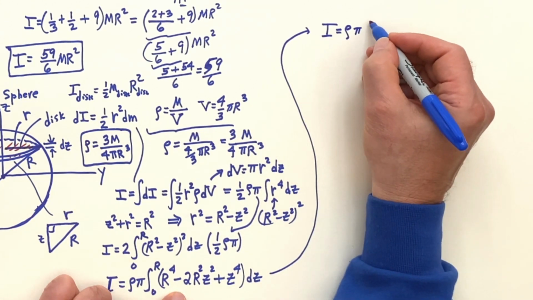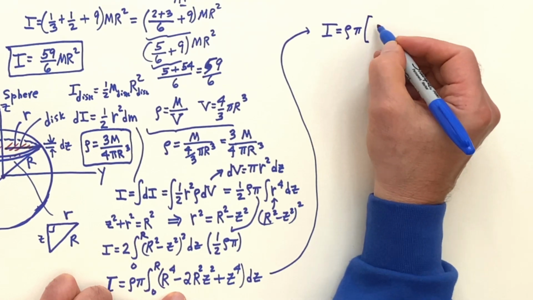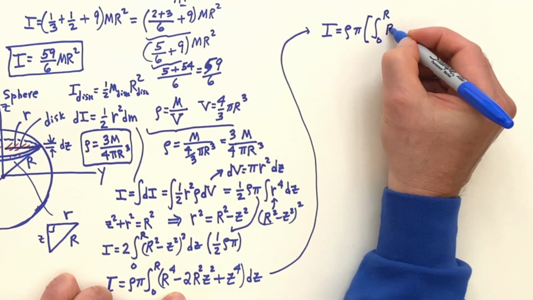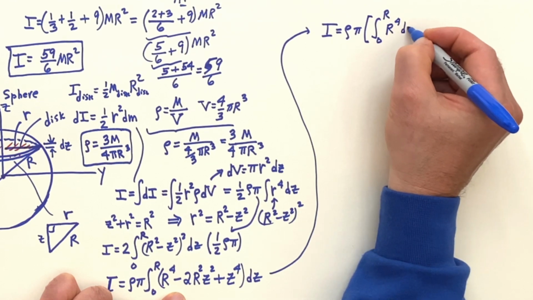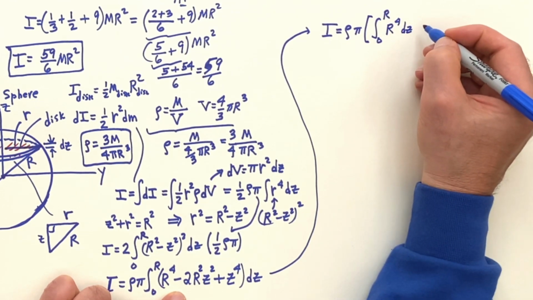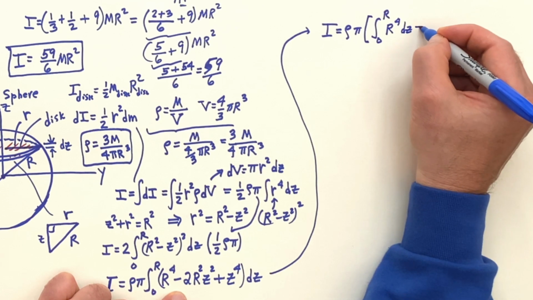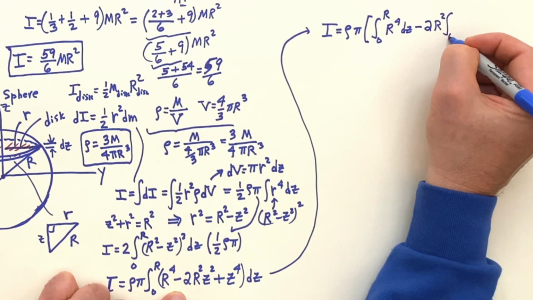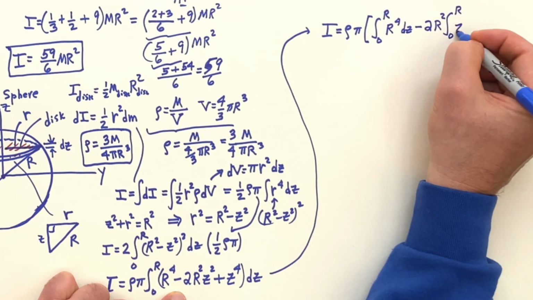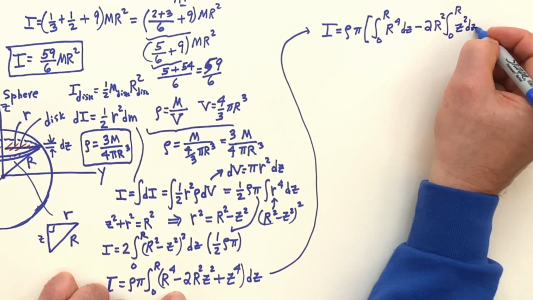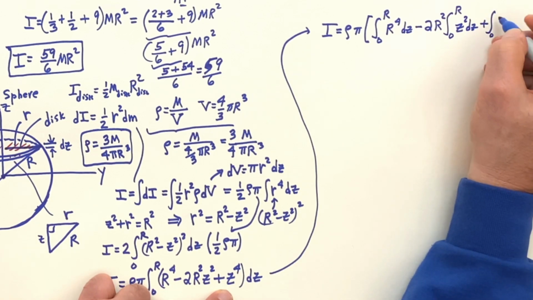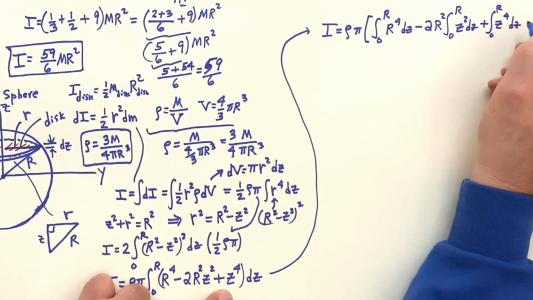I'm going to write out here all 3 integrals. 0 to R times R to the 4th dz, minus 2R squared, 0 to R z squared dz, plus 0 to R z to the 4th dz.